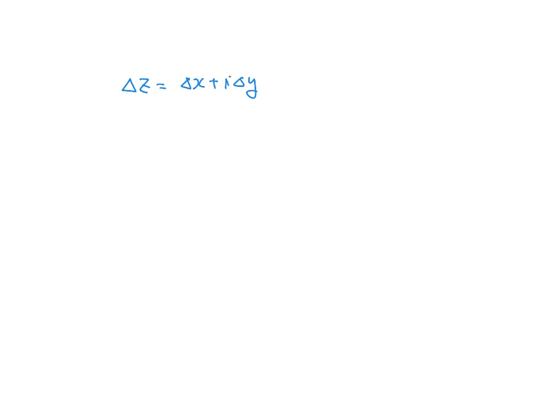So there are two ways of approaching this derivative. First, we set delta y equal to 0 and allow delta x to go to 0.